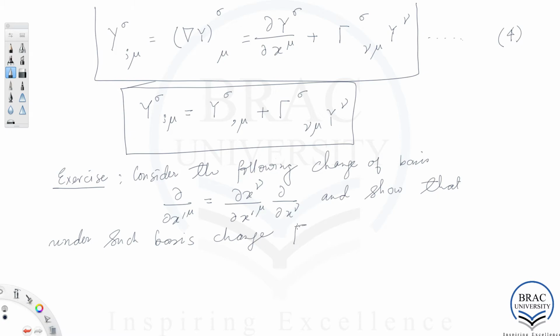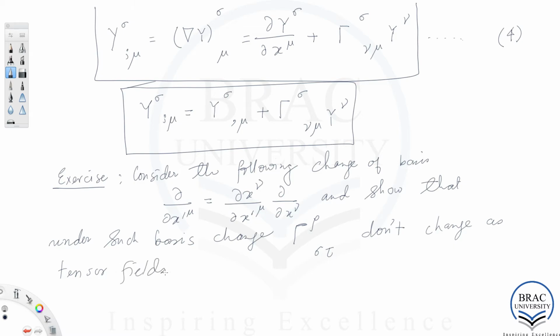these connection components, which are sometimes called connection coefficients, right, gamma rho sigma tau, these components, they don't change as tensor fields.